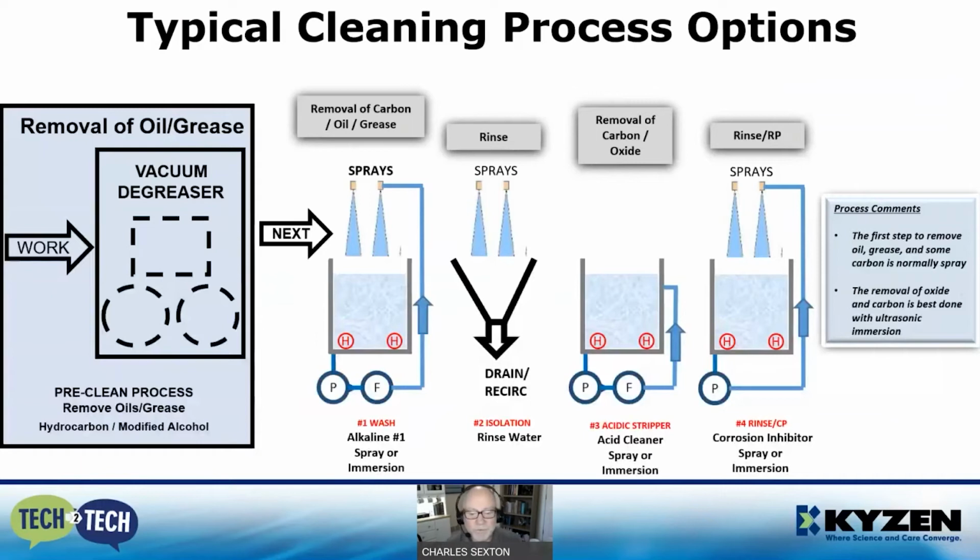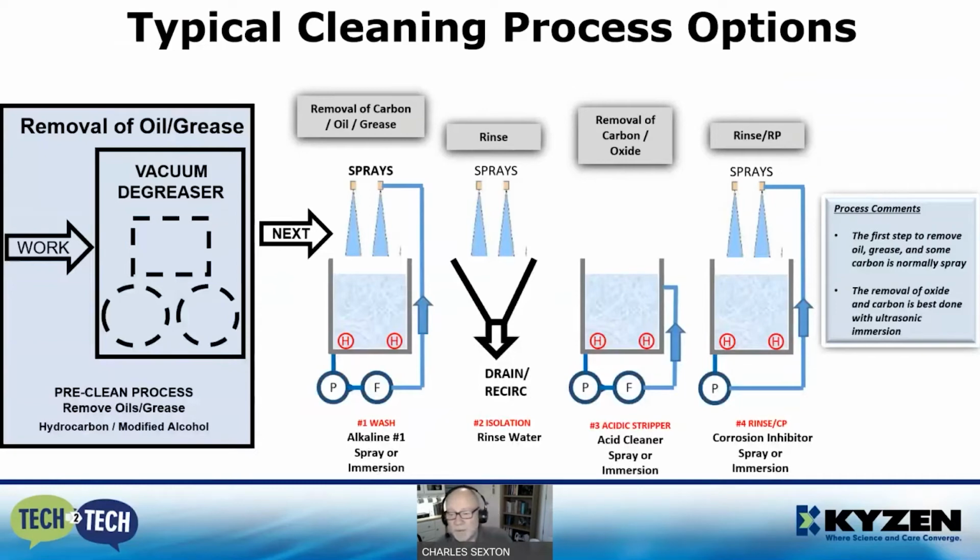This slide shows a general process flow for a cleaning process. The right two-thirds shows the aqueous process, which is commonly run for cleaning. It usually involves combinations of spray and immersion. There's often one or two washes followed by a rinse at the end, which can contain an RP.